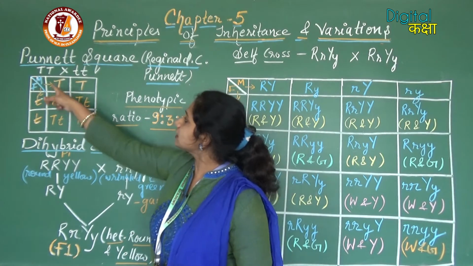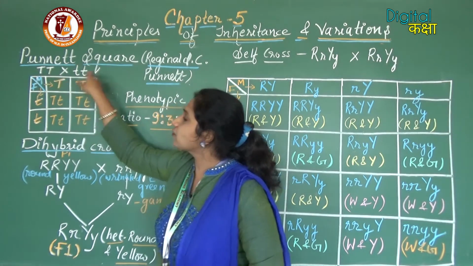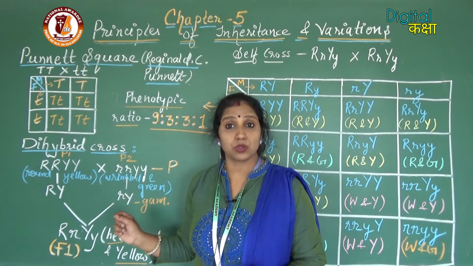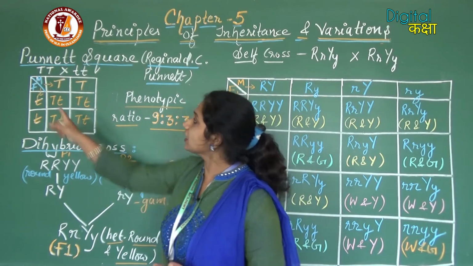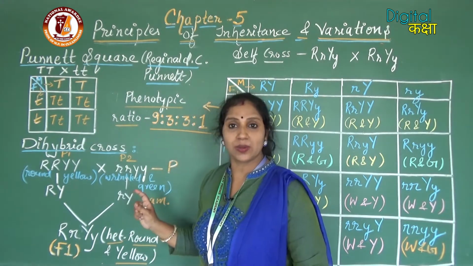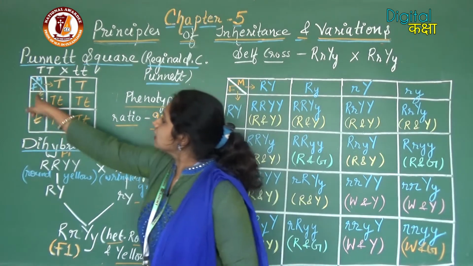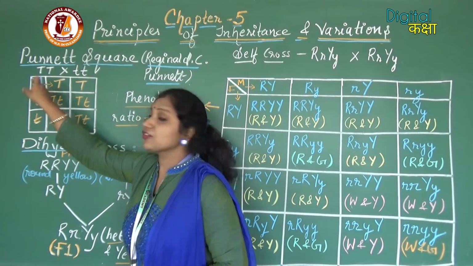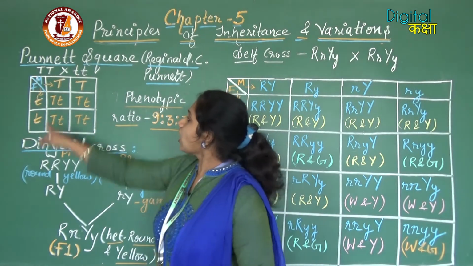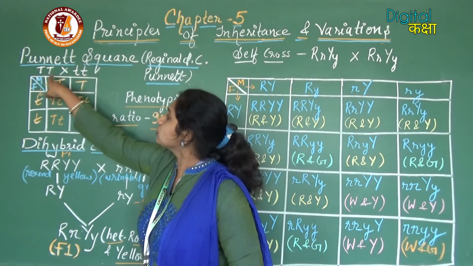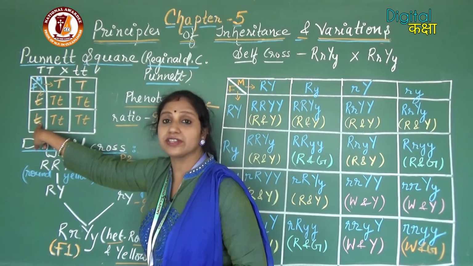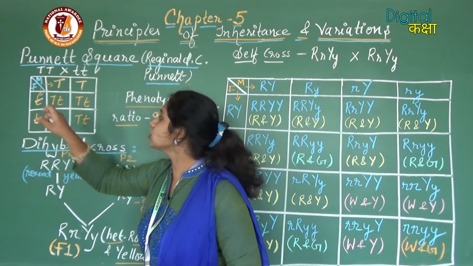So here you can see that this cross we have already done in the form of cross multiplication in the monohybrid cross, but here in the form of Punnett Square we can see that at the corner we have written the male and the female gamete. The male gametes will be capital T, and here the female will be small t and small t.